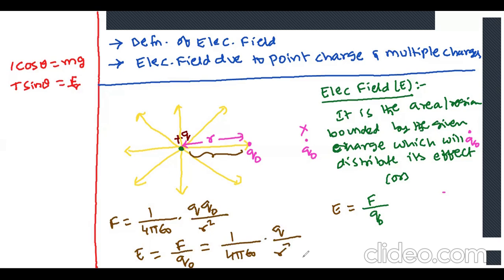So the electric field due to a point charge is E equal to 1 by 4 pi epsilon naught times Q by R square.